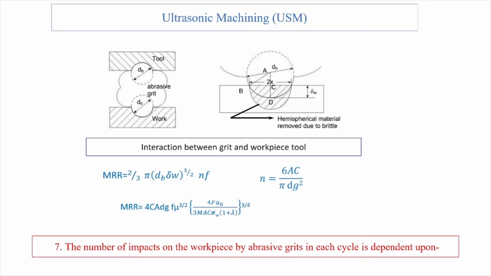From that diagram we see that dB is the diameter of the abrasive, and there are some equations or relations between indentation depth, the number of abrasives in contact with the job or workpiece surface, and the abrasive grit diameter. So dB is the diameter of the abrasive.